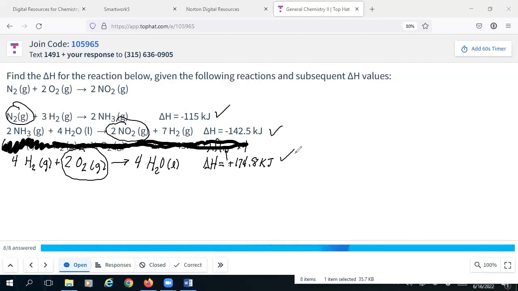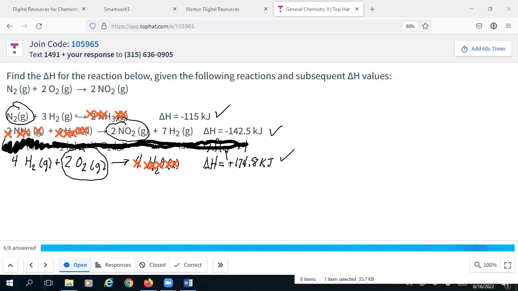So what should happen is if I've got everything arranged, I should be able to start crossing out the things that are in common. So I can see that I've got 2 ammonia on the left-hand side and 2 on the right. So they're going to cancel out. I've got 4 waters here and 4 here. So they're going to cancel out. And I've got 7 hydrogens in the products here.